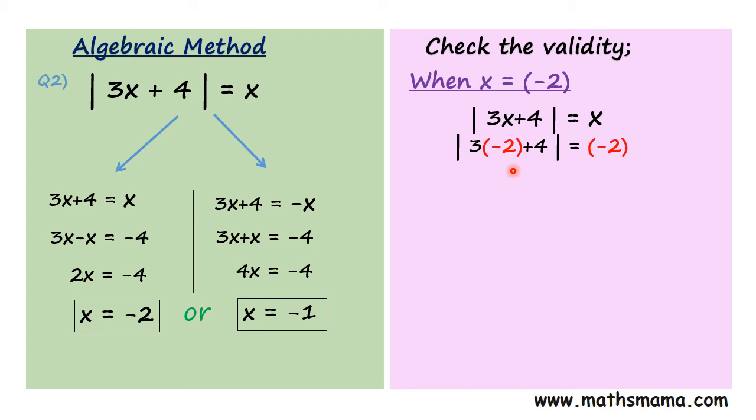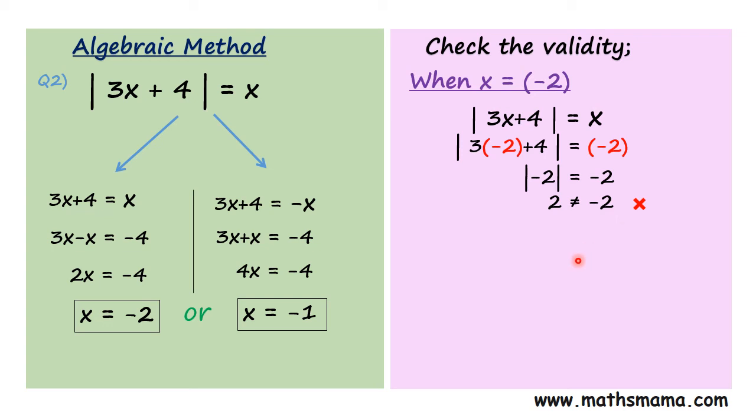It's not valid because the modulus function does not return a negative value. Even if you want, you can simplify until the last line. Here we get modulus of negative 6 plus 4 is equal to negative 2, and the modulus returns plus 2, which does not equal negative 2. So that answer is not valid.